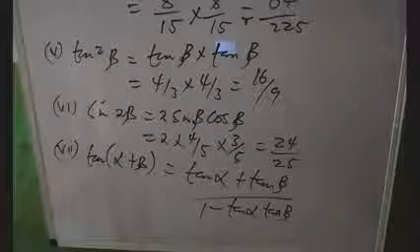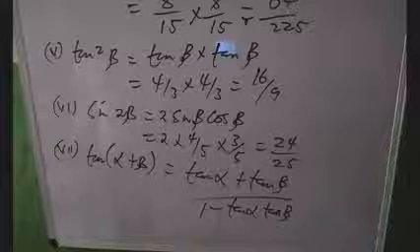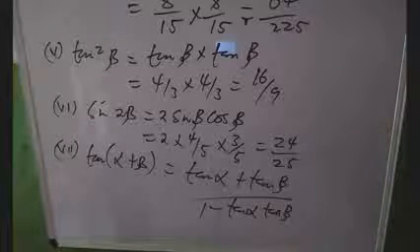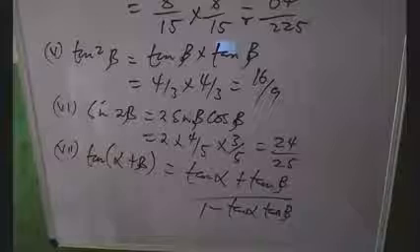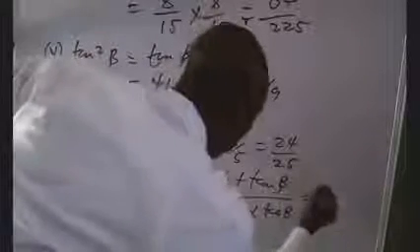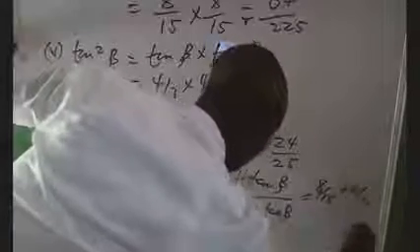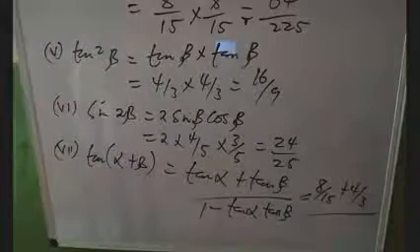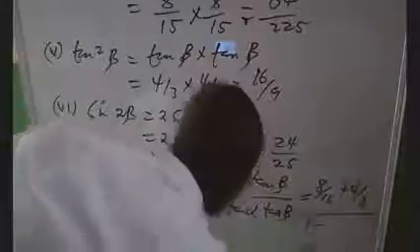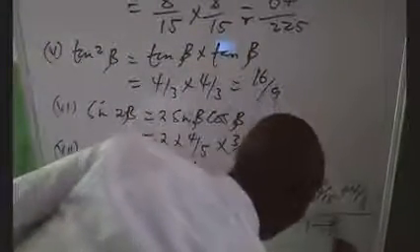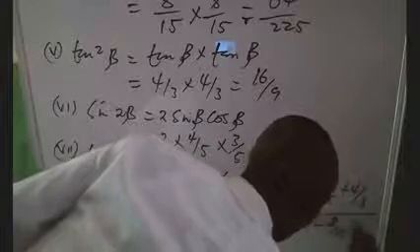So let's quickly simplify that. We have 8 over 15 plus 4 over 3, divided by 1 minus 8 over 15 times 4 over 3.